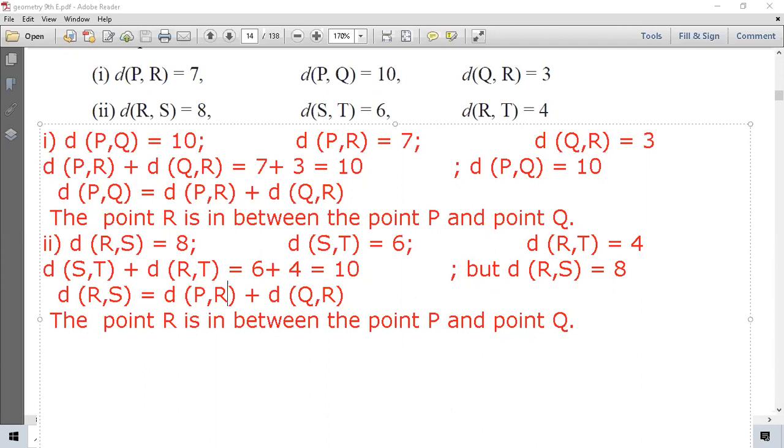So it is not equal, therefore RS is not equal to ST and RT, that is ST and RT.